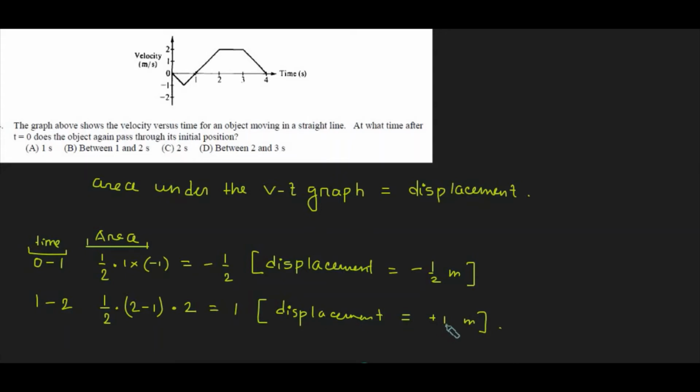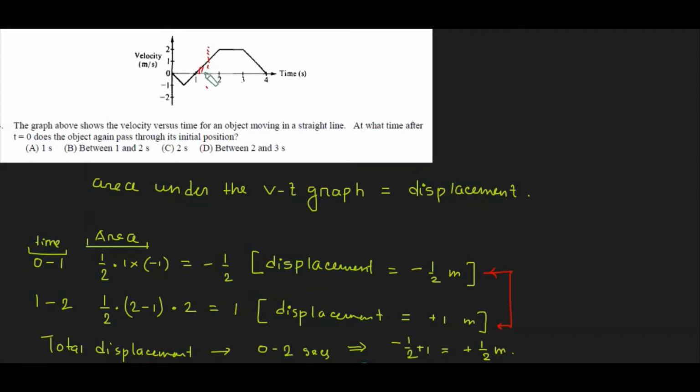That means the net displacement is equal to 1, which means the total displacement between 0 to 2 seconds we are getting as negative half plus 1. After adding these two, we get plus half, which means the displacement between 0 to 2 seconds has already exceeded its origin position, which means the final answer should be between 1 to 2 seconds.